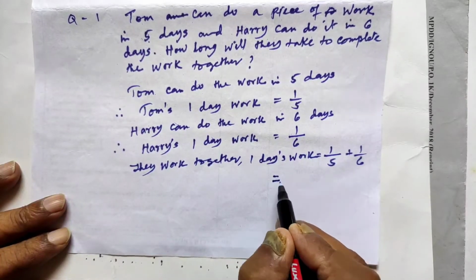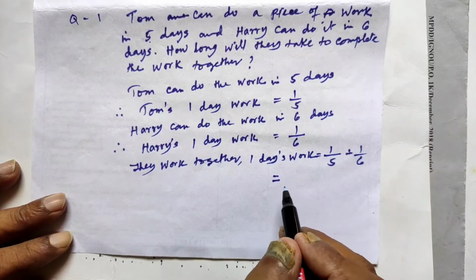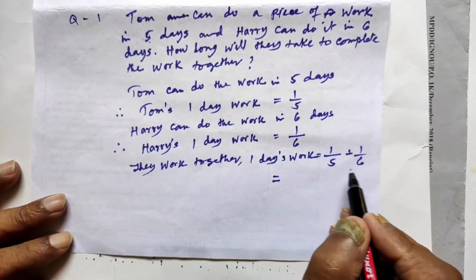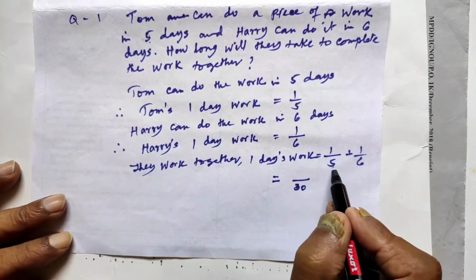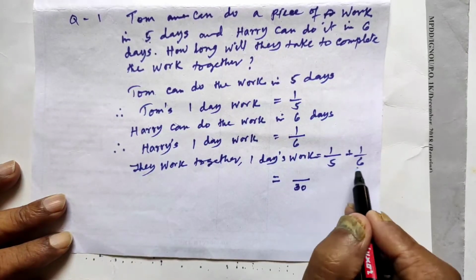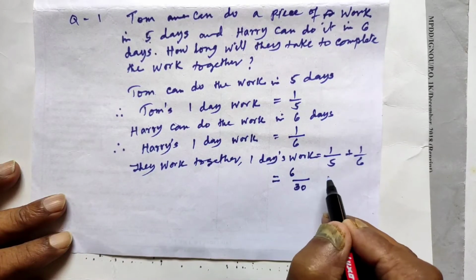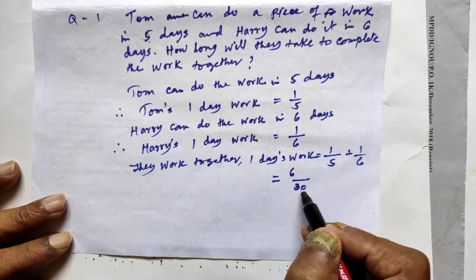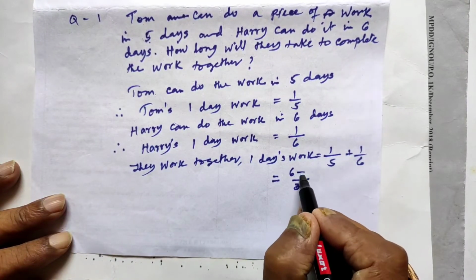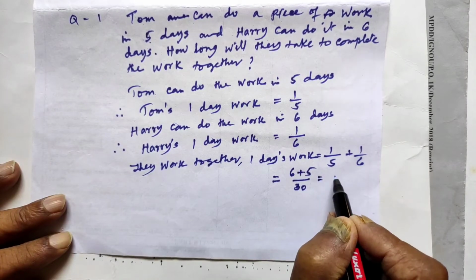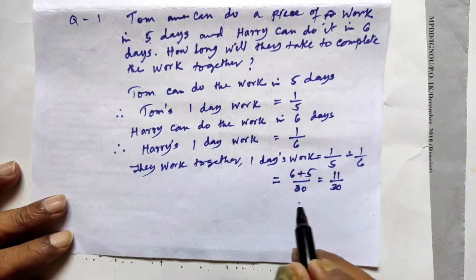If you do not have enough knowledge, you can see my earlier videos about fractions. Here, the LCM of 5 and 6 is 30. When you divide 30 by 5, you get 6, and when you divide 30 by 6, you get 5. So here you are getting 11 by 30.